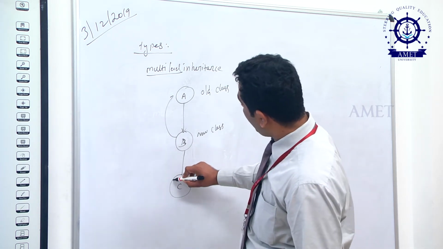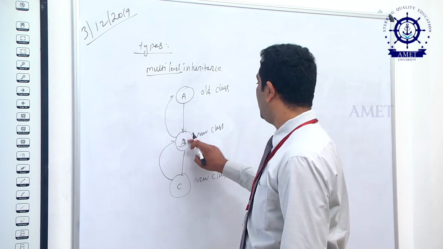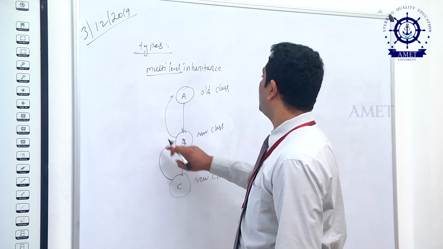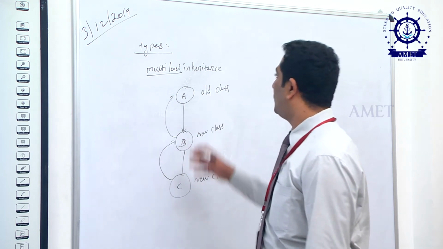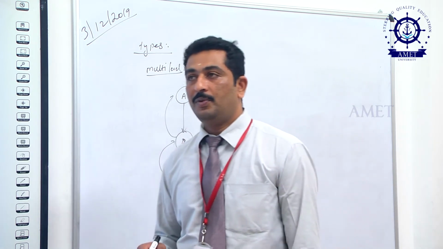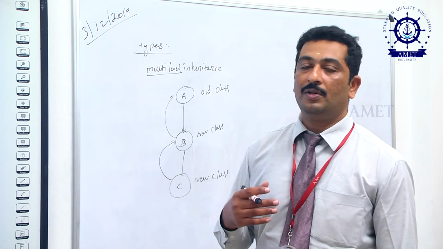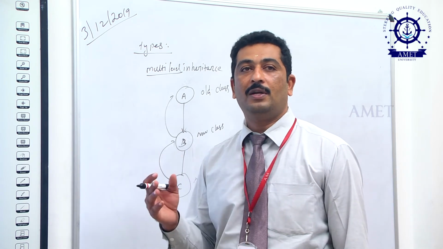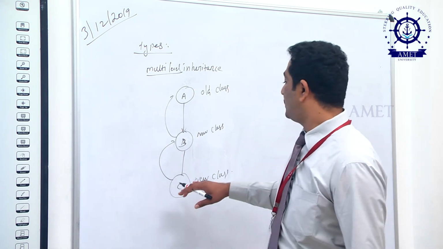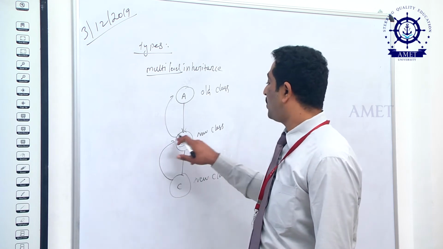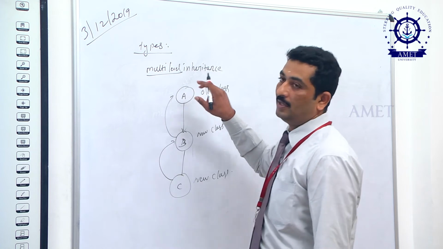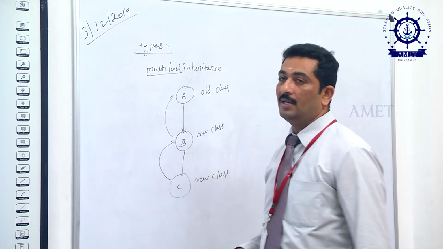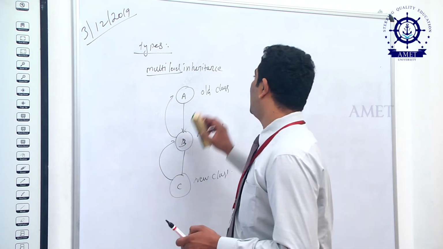Class C accesses the property from class B, and class B accesses the property from class A. This kind of concept is called multi-level inheritance. Suppose in our family we have a son, father and grandfather. The son can access the property of the father, who can access the property of his father. This concept is called multi-level inheritance.